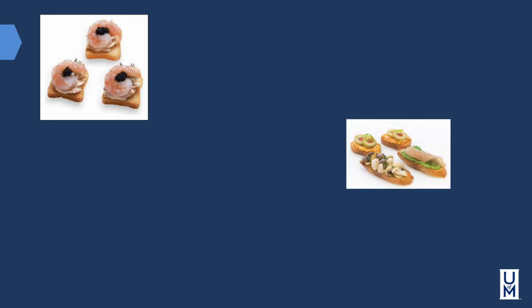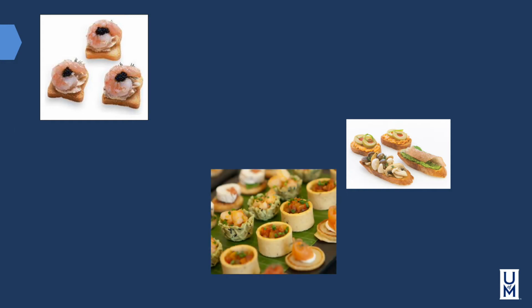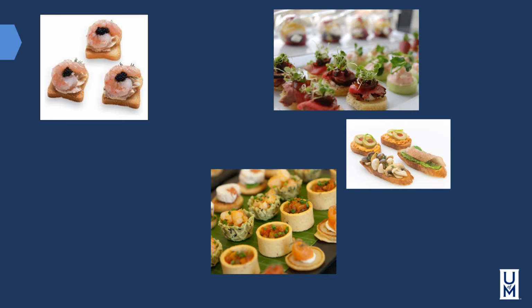A little shrimp toast, various different accoutrements on top of a piece of bread. These are pastry shells that have been filled. You have the bellini pancakes in the front. You have the little hollowed out pastry shells in there, little waffle shells, which are typically savory. You can have red meat on there, or you can have seafood on there.